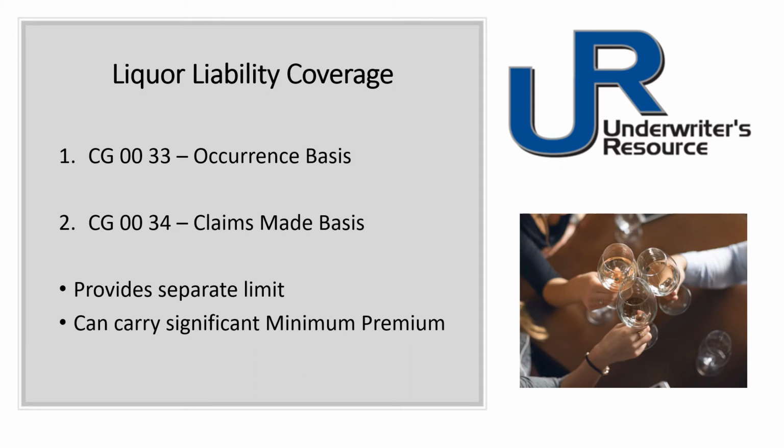There's CG 0033, which is on an occurrence basis, and CG 0034, which is on a claims-made basis. The advantage of purchasing specific liquor liability coverage is it provides a separate limit for liquor liability claims. However, it can carry a significant minimum premium to cover that incidental exposure.